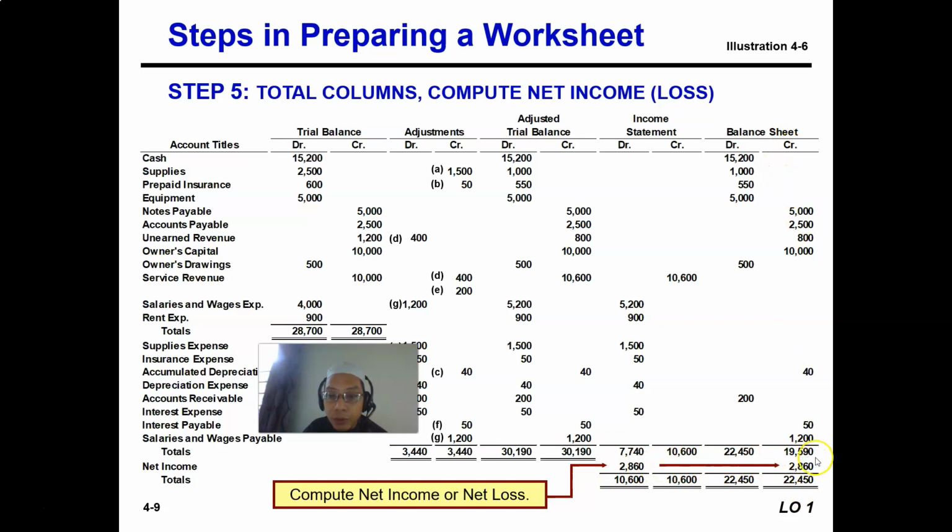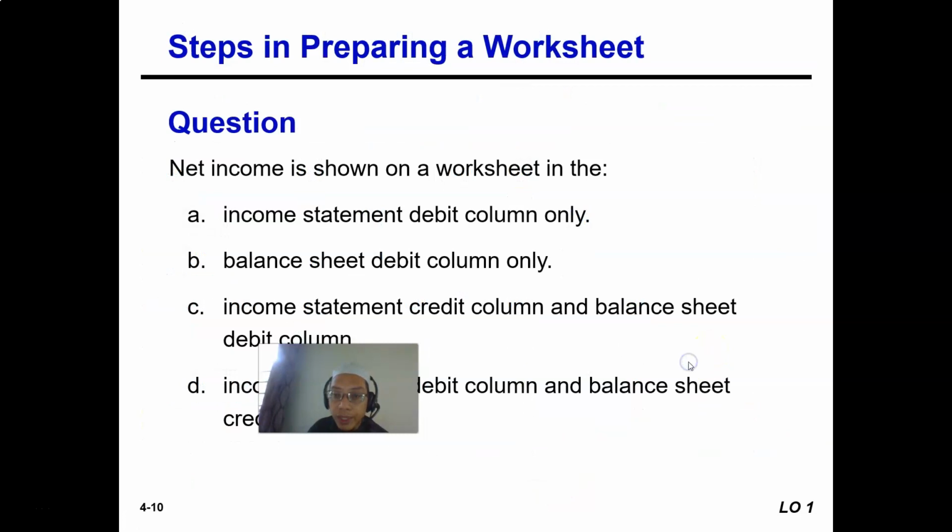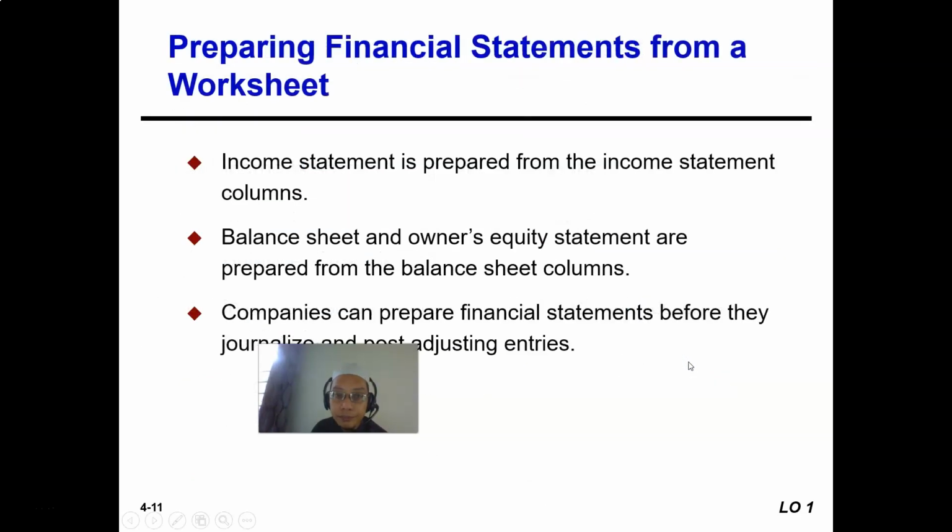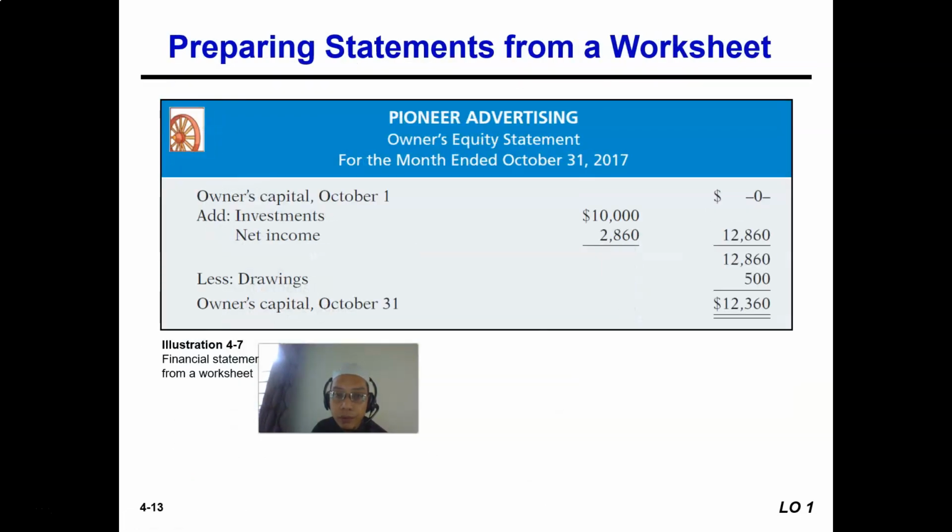So this balance is what is taken and put into the owner's equity statement. Therefore, net income comes from the net income row under the balance sheet column.